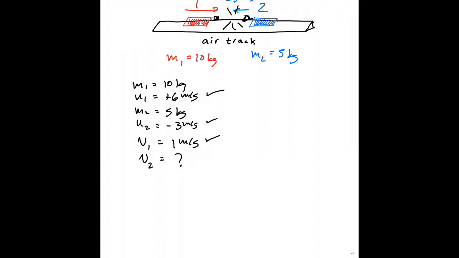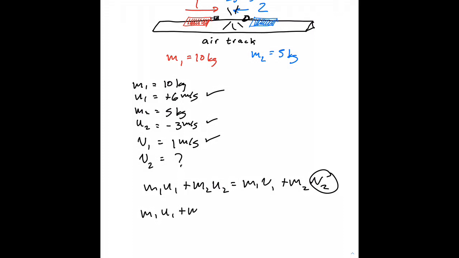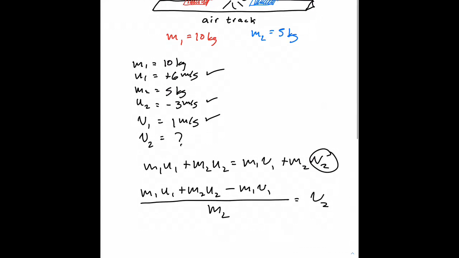All right, so the problem's been set up. The equation is m1 u1 plus m2 u2 equals m1 v1 plus m2 v2. So we're trying to solve for v2. So we have m1 u1 plus m2 u2 minus m1 v1, all divided by m2, calculates the final velocity of object number 2.